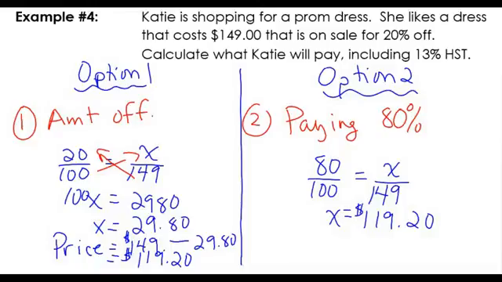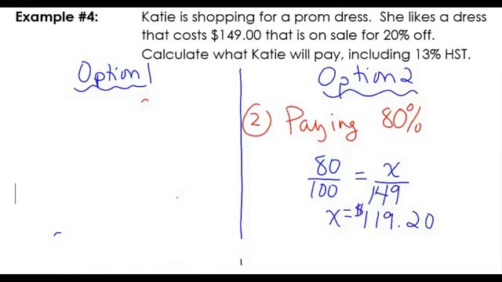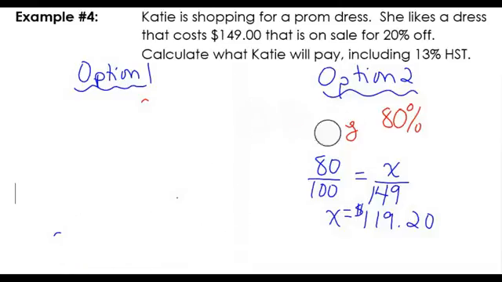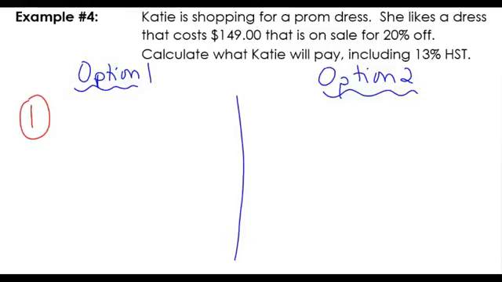Now I want to show you 2 different options for how to calculate the amount of tax. So, option 1, this is how I can calculate the tax. So remember, it was $119.20, right?